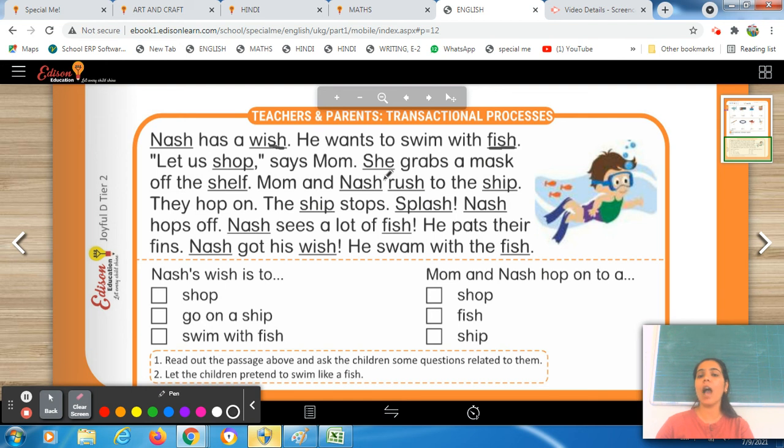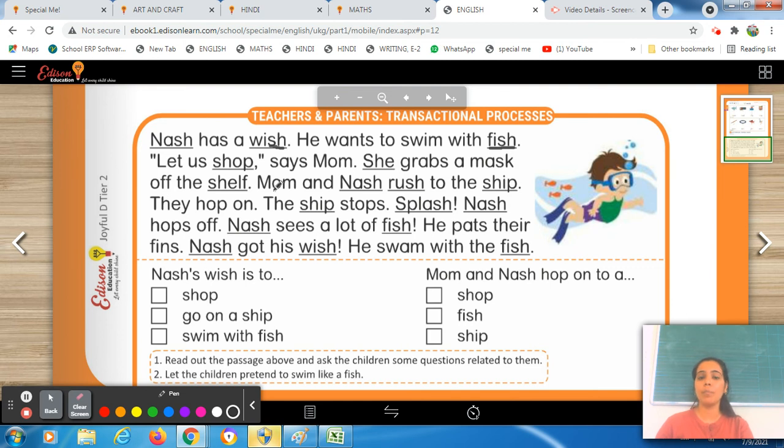So ऐसे ही जो she आप use करते हो वो girls और females के साथ use करते हो. That is a pronoun. Okay. We will use she for girls. She grabs a mask. So उसकी मदर ने क्या grab किया? She grabs a mask off the shelf. जो shelf पे पड़ा था mask, she will grab it.